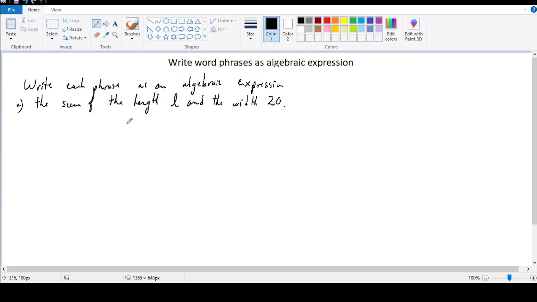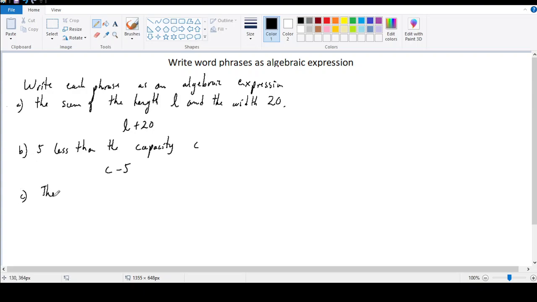Well, the sum means addition, so the phrase translates to L plus 20, and that's it. 5 less than the capacity C. How will that translate? The capacity is C, subtract 5. That's simply what that means. Just take away 5 from it because you're subtracting from it.